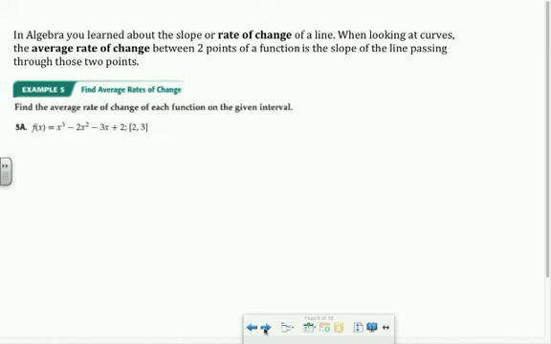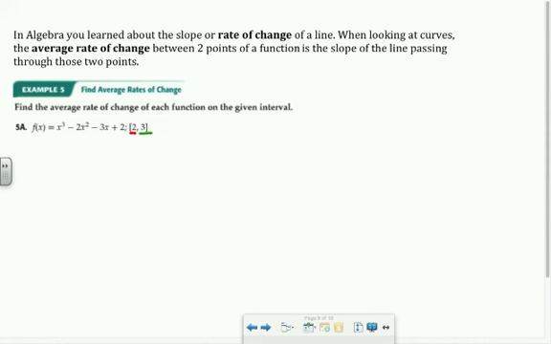So in this particular example, we're being asked to find the average rate of change of this function on this interval. So what you're basically doing is finding the slope of the line that's passing through this x. We got to figure out what the y coordinate is. And this x, we have to find out its y coordinate.